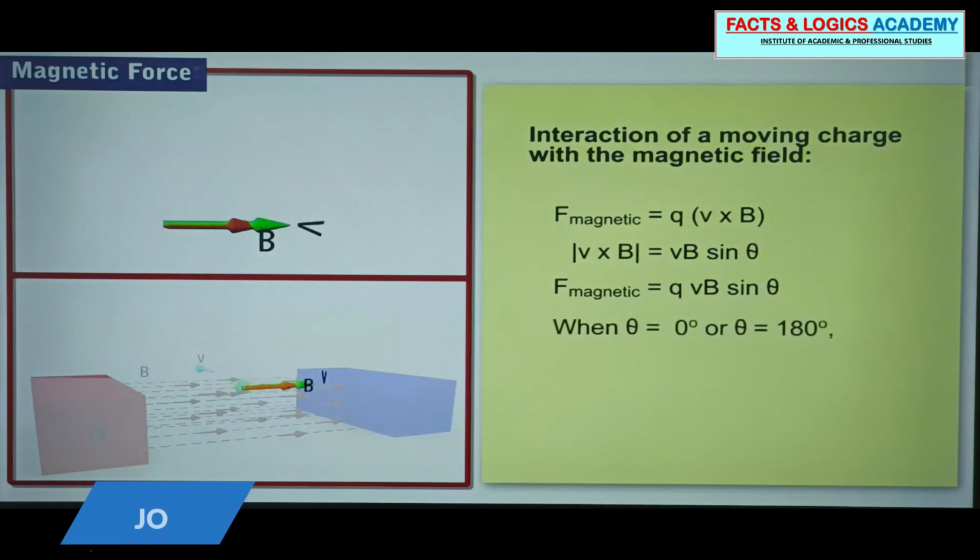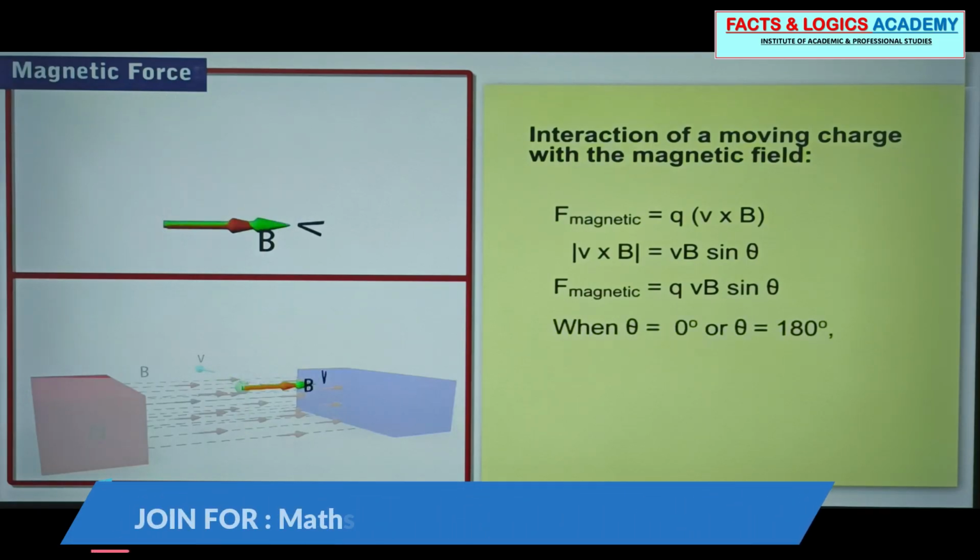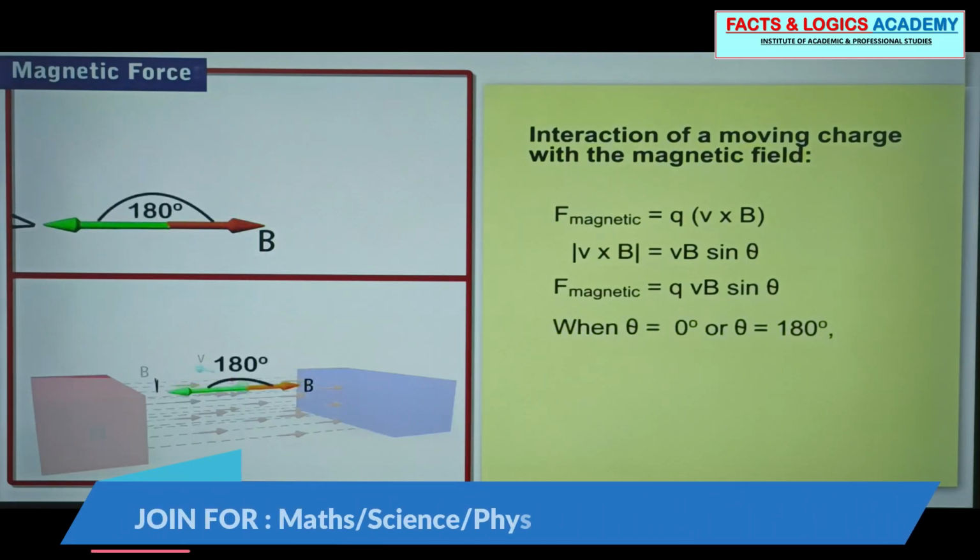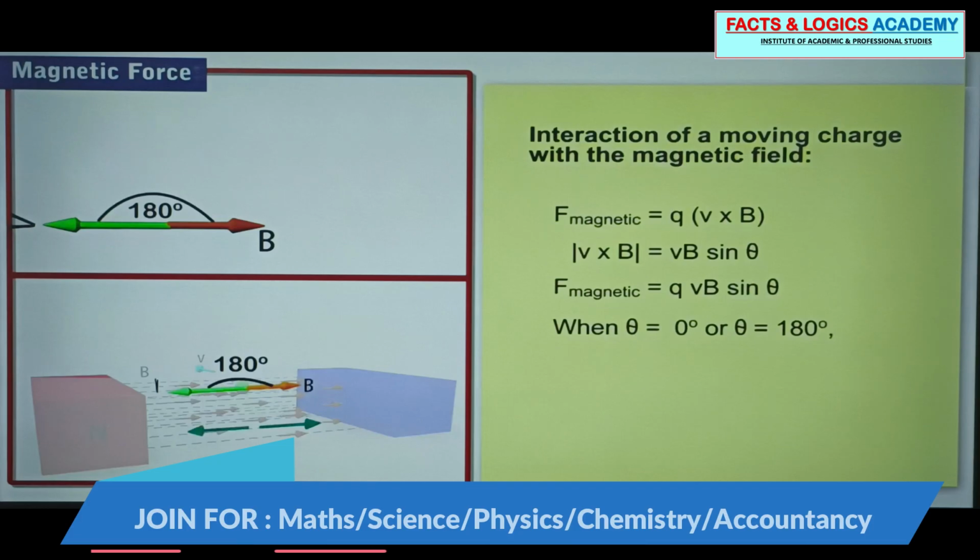When theta is 0 degrees or 180 degrees, that is, when charge Q moves parallel or antiparallel, respectively, to the magnetic field, we have sine theta equal to 0.